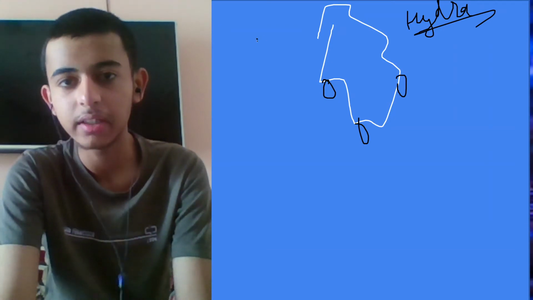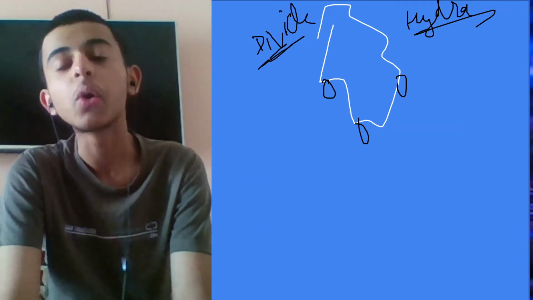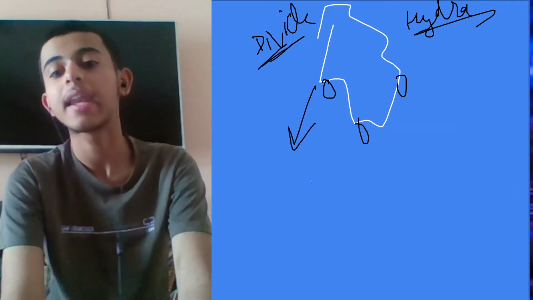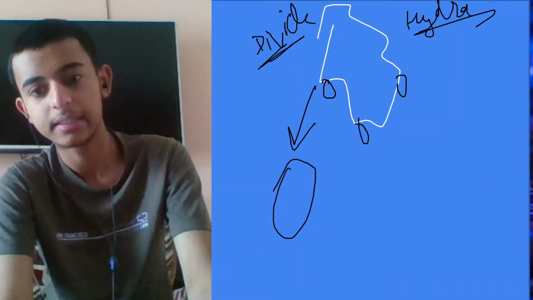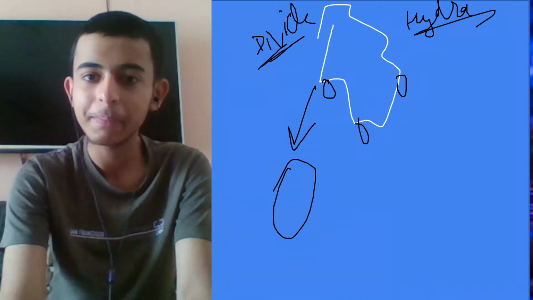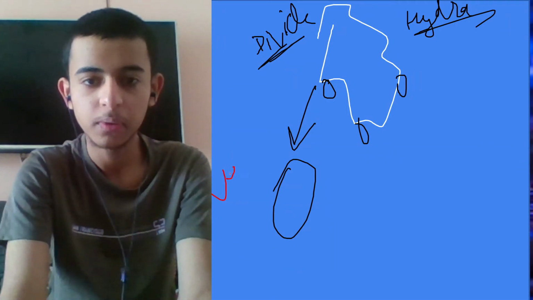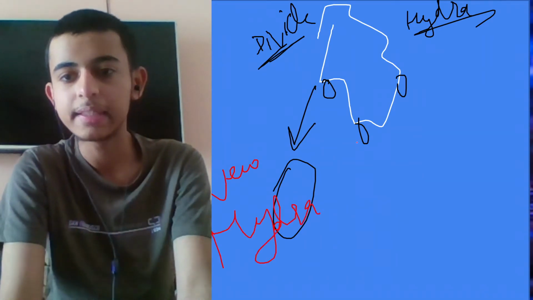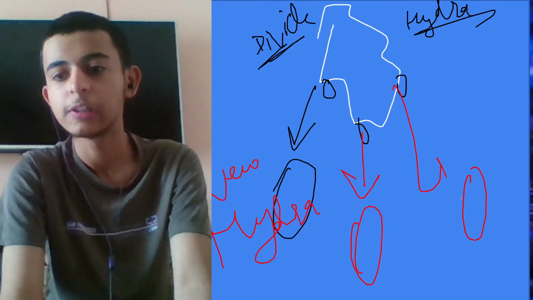They divide rapidly. Now when these buds divide rapidly, then they detach from the parent and form another organism. Like this bud detaches from the parent hydra and forms a new hydra. So this bud will also develop into a new hydra, this also.